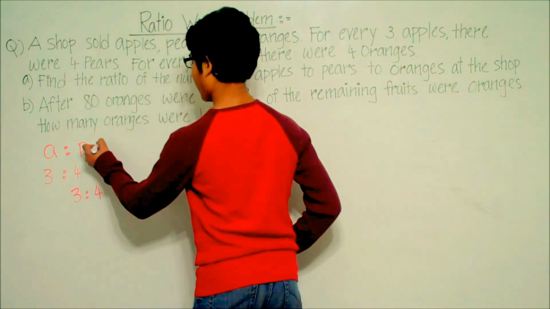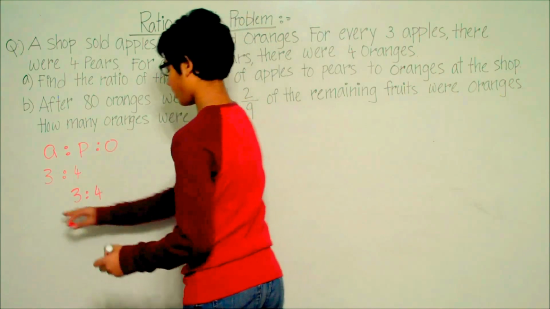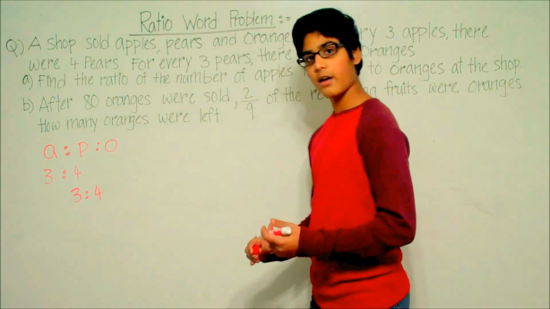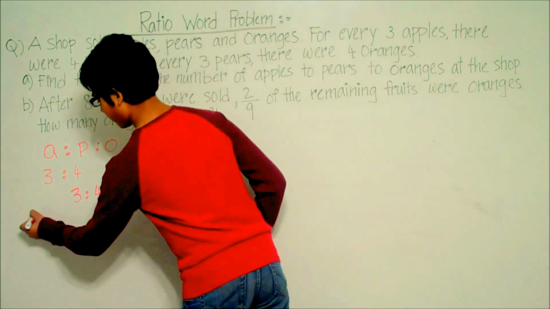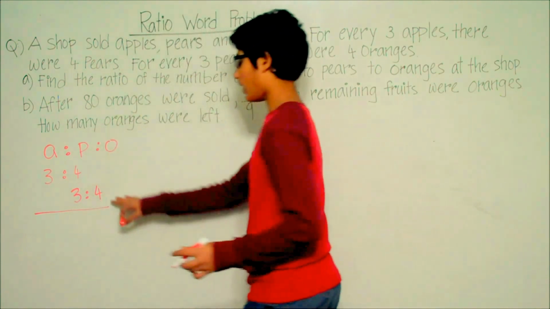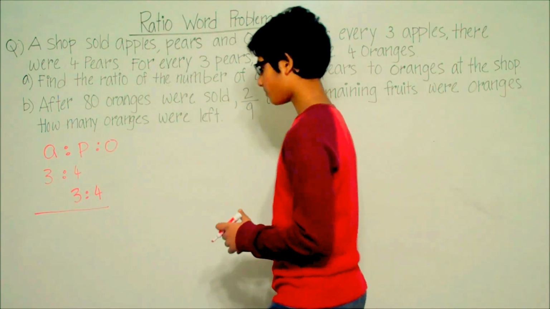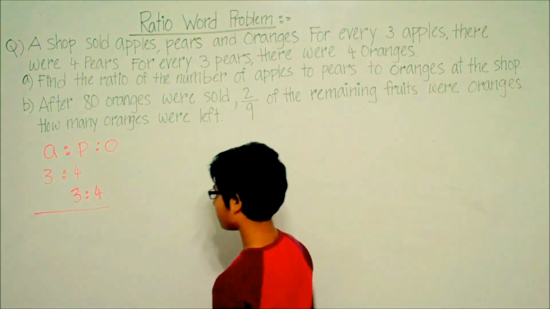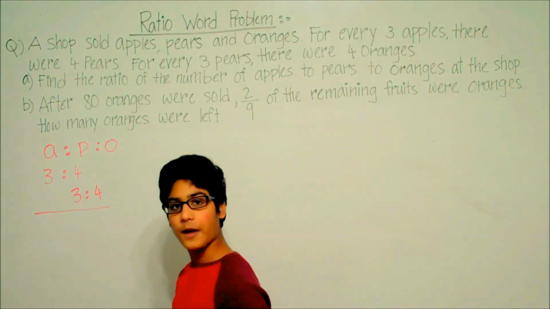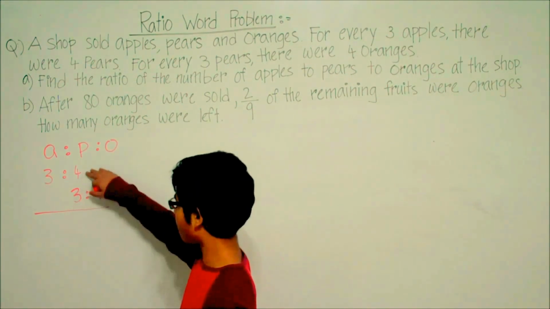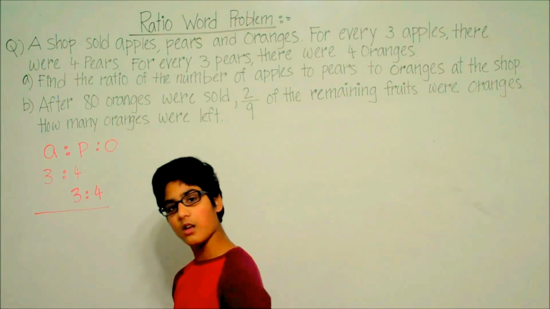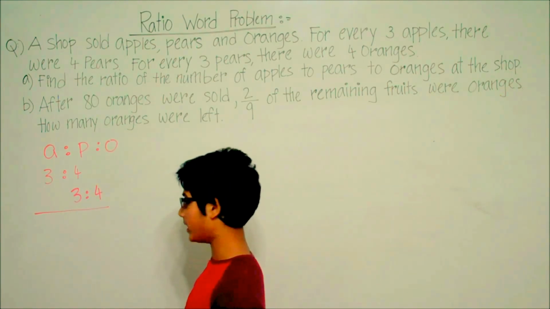So the ratio of pears to oranges is 3 to 4. Now, let's make this a common ratio, so we have common units. To do that, we have to find the lowest common multiple of 4 and 3. The lowest common multiple of 4 and 3 is 12.